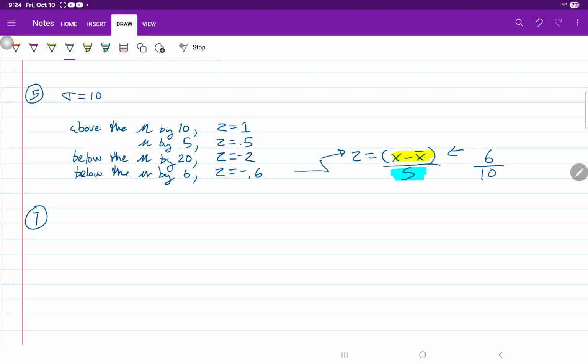Number 7 asks you to deploy the formula and actually compute a bunch of z-scores. It starts out by telling you that the mean of this population is equal to 50, and the standard deviation is equal to 6, and then it gives you a couple of examples. The first one, x equals 50.